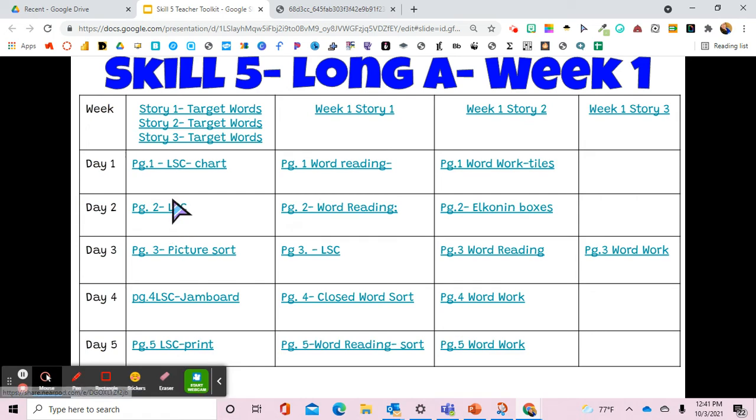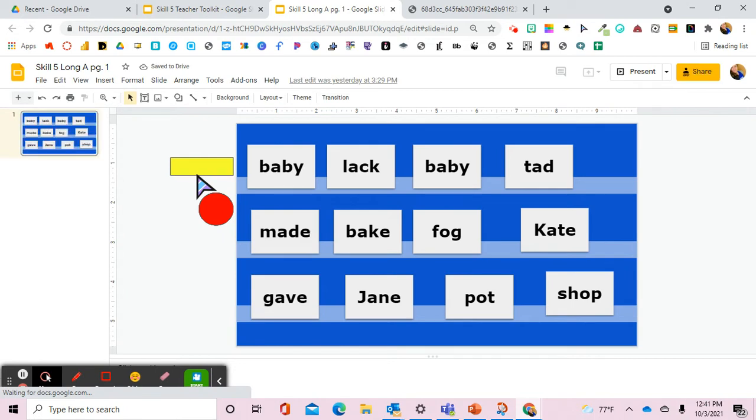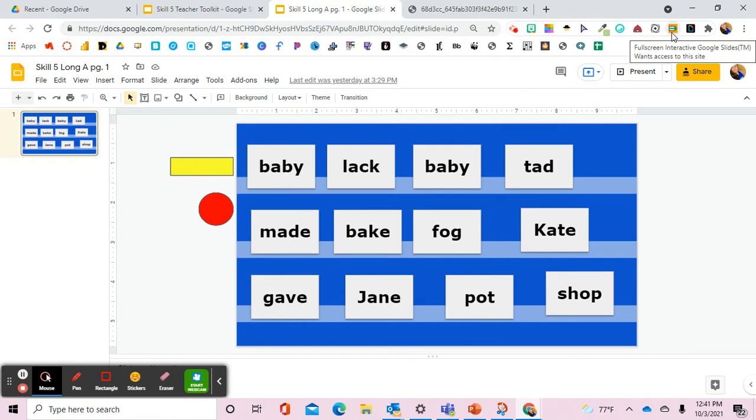But most of them are either flippities or there's some interactive pocket charts. So how I would use this with the group is I would use the full screen interactive Google Slides extension.